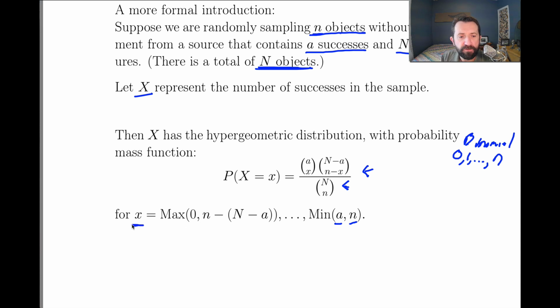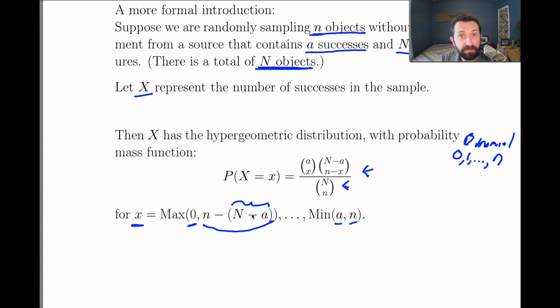One, we know, of course, our random variable x is representing a count of something. So the number of successes cannot possibly be less than 0. That's the smallest number of successes we can get. That's 0. This bit's a little trickier to think about. But capital N minus a is the number of failures in our population.